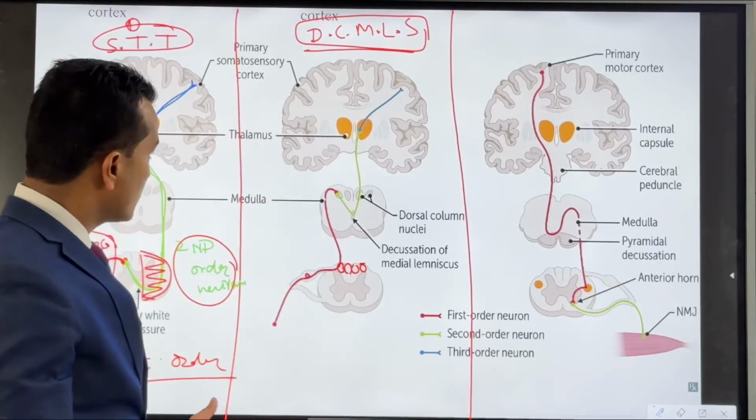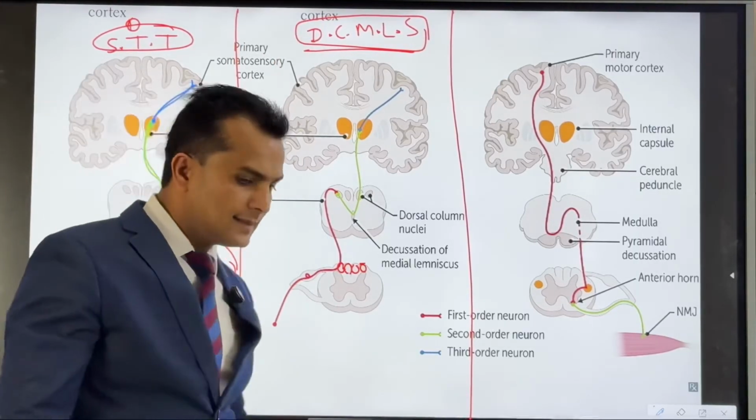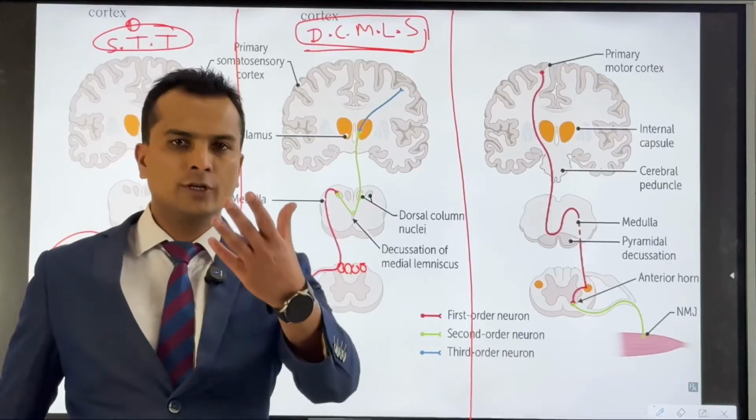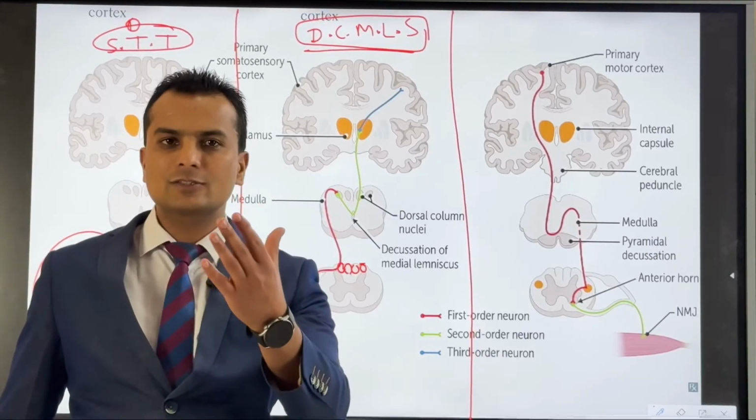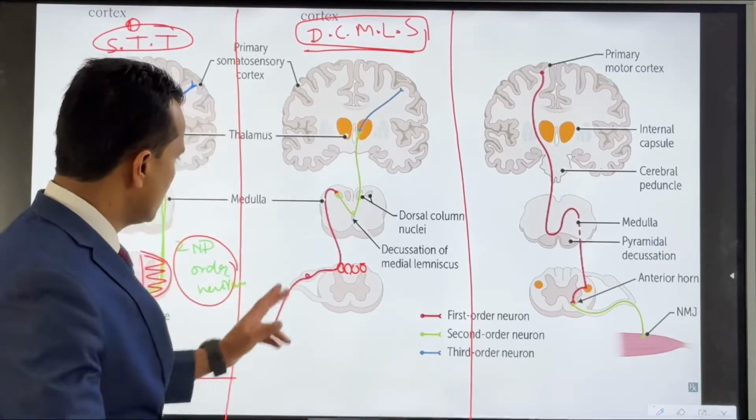But we have to understand how many neurons there are in the dorsal column medial lemniscus system. Again, this is an ascending tract, so there are 3 order neurons, but this second order neuron is not crossing in the spinal cord. So do focus on this structure, please.